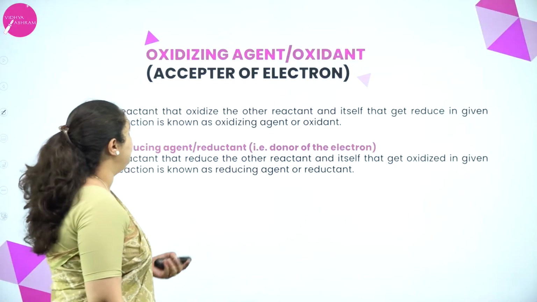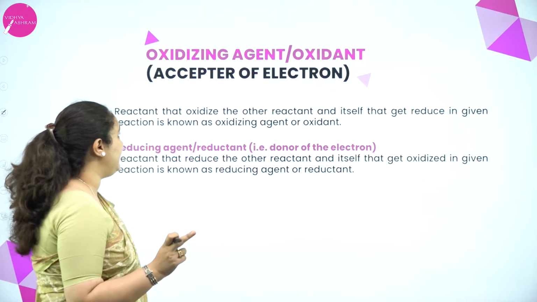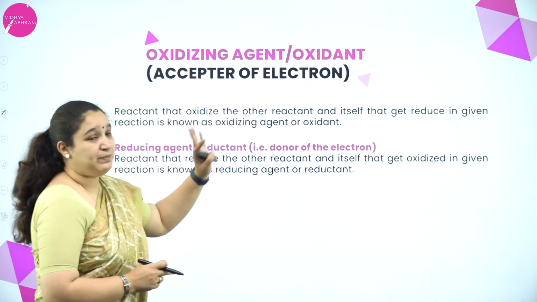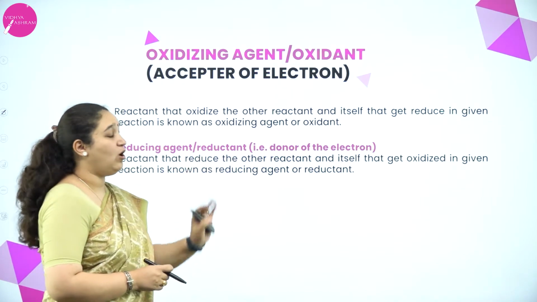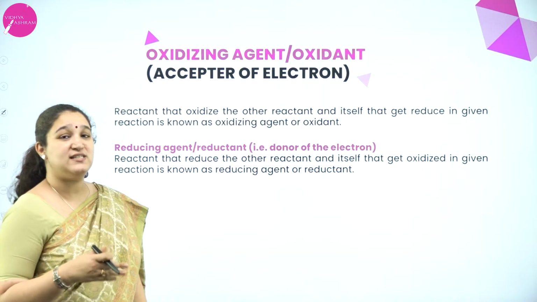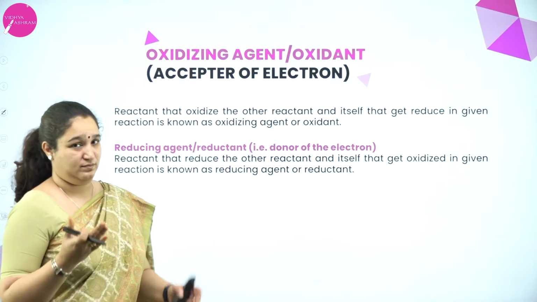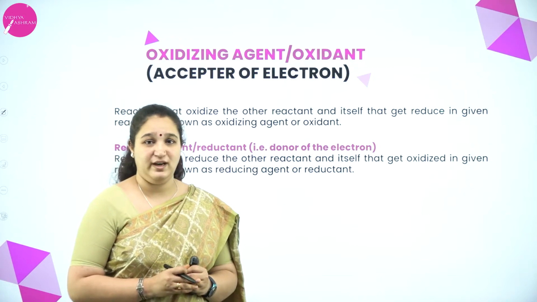Next we will see about oxidizing agent or oxidant, or acceptor of electrons, and about reducing agent or the reductant. Now, what is the meaning of oxidizing agent? You understood what is oxidation reaction, correct?